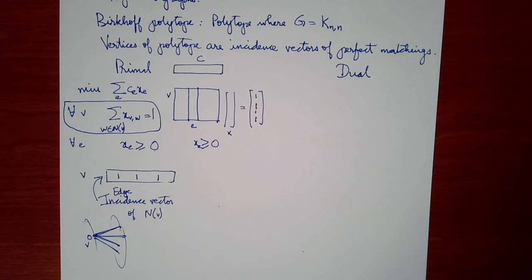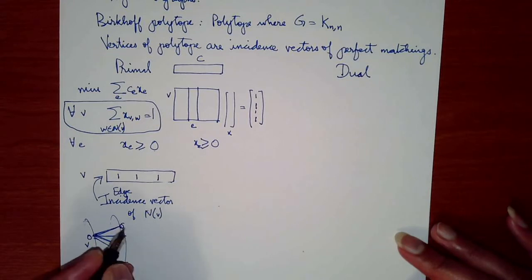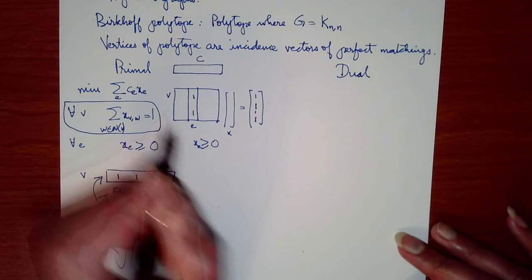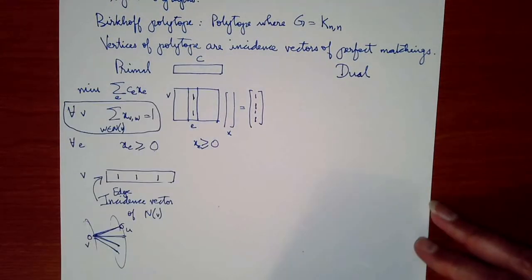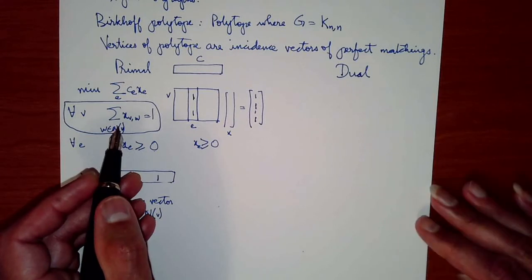How many constraints does any edge appear in? 2, exactly. 1 for each endpoint. Right? So if you have this UV, it's going to appear once over here and once over there. And it's all with just +1 coefficients.